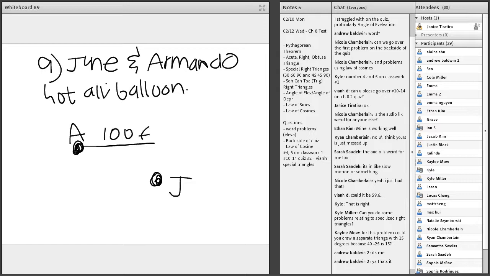It specifically said horizontally apart. And June notices she must look at an angle of elevation. So I could have done it here, 100 as well. Angle of elevation is always the same as angle of depression, but she looked 25 degrees up at Armando. And how much higher is Armando in comparison to June?